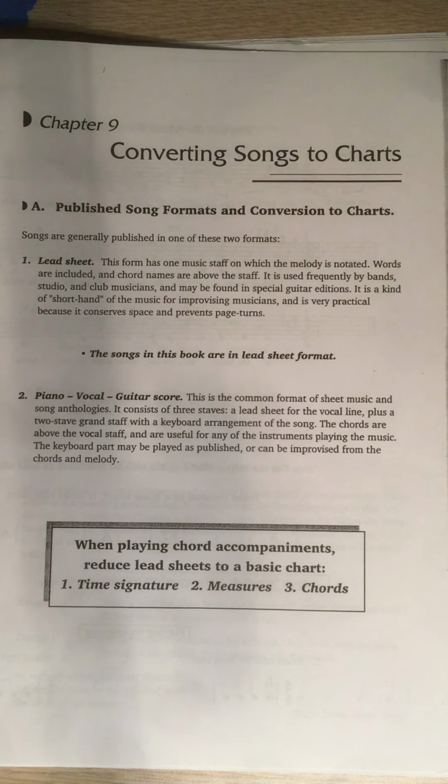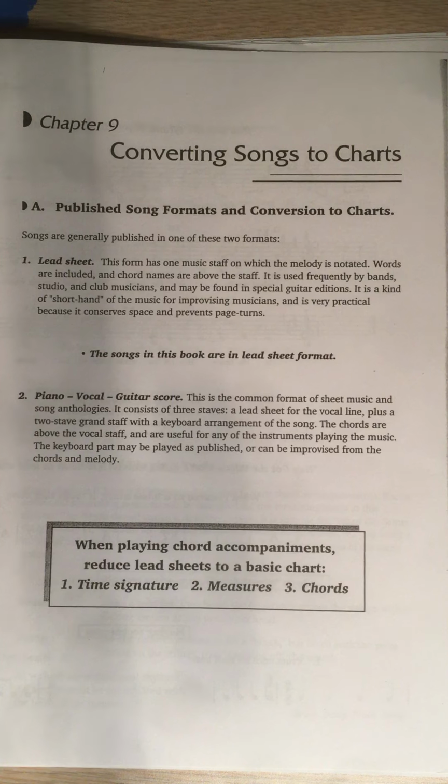In the second version, there's a piano, vocal, guitar score, and you will see these editions out and about, online, in a music store as well. And this is pretty typical for songbooks for community singing, folk songs, like American folk songs. You'll see this for holiday music of different types.